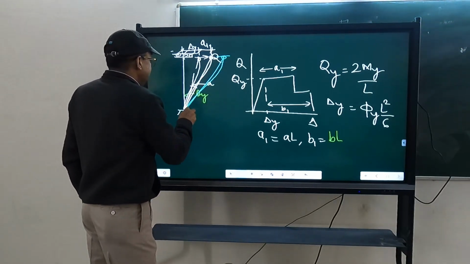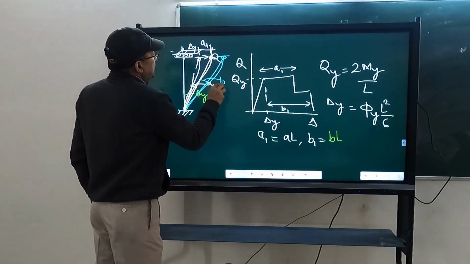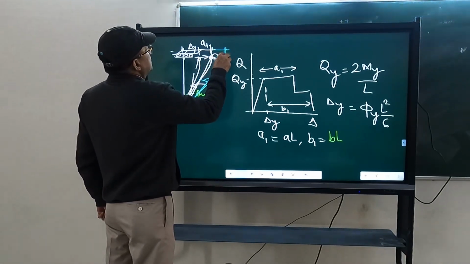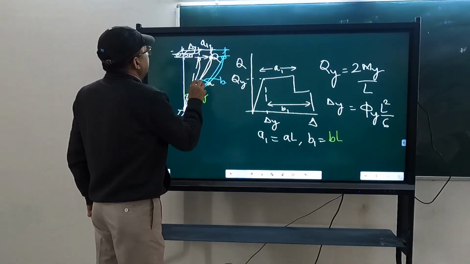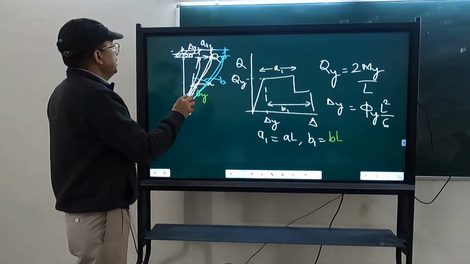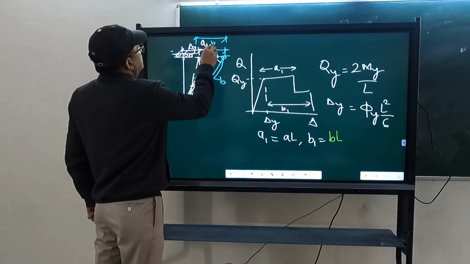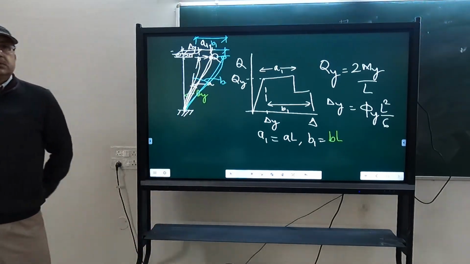It will deform further so that this total angle which we are getting from here, this is B, so B is the total angle, and from here to here, this is B1.